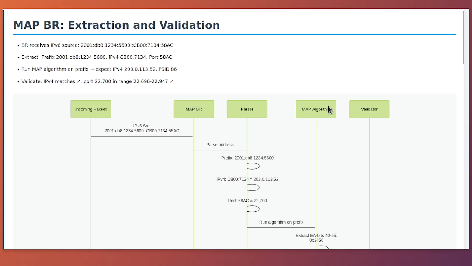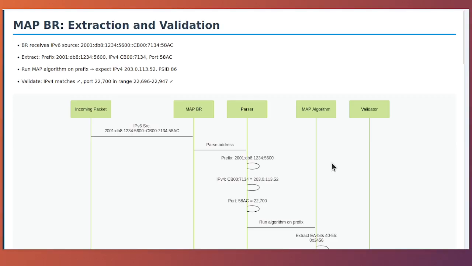The MAP border relay receives packets from customers and must extract the embedded information and validate that it is consistent with what the MAP algorithm would produce. Let's trace through the border relay's processing of a packet. The border relay receives an IPv6 packet with source address 2001:DB8:1234:5600:CB00:7134:58AC.